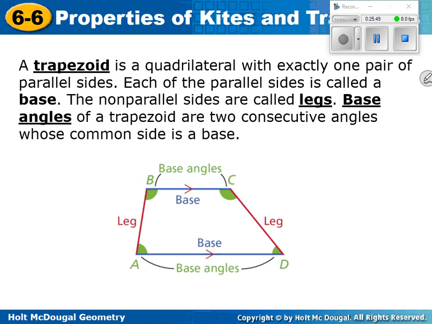It is a quadrilateral with one pair of opposite sides parallel.